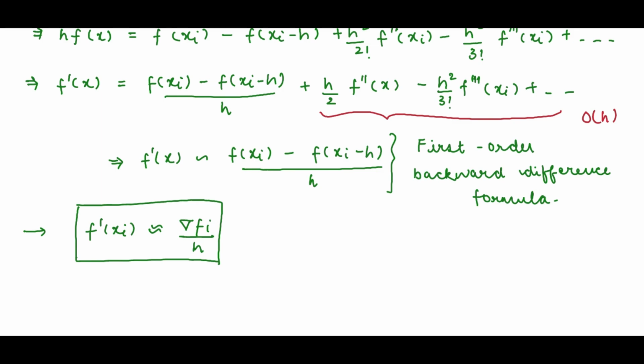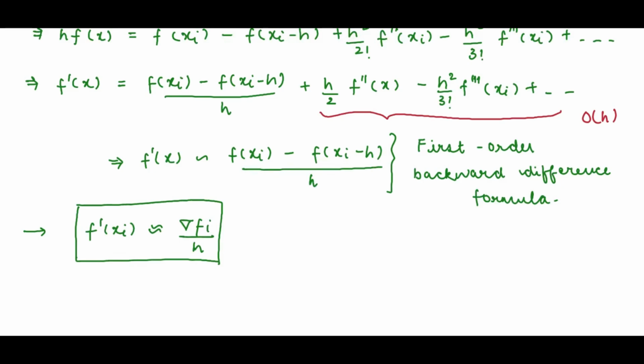Now let's compare the three first derivative formulas. The forward difference is f dash xi approximately equals f of i plus 1 minus fi divided by h, and the error is of order h. Then comes the backward difference, where f dash xi is approximately fi minus f of i minus 1 divided by h, and the truncation error is also of order h.